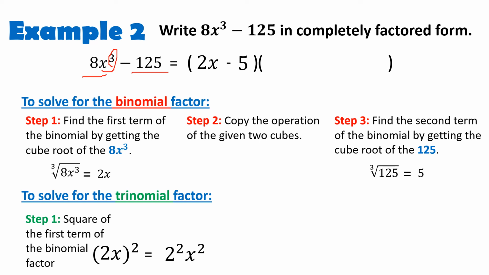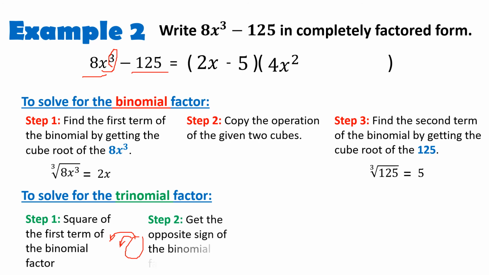So you distribute the exponent to each of the expressions. To simplify, that is equal to 4x squared. Now, step 2. Get the opposite sign of the binomial factor. So the opposite sign of minus is plus.